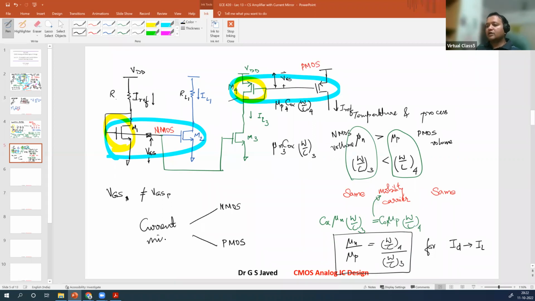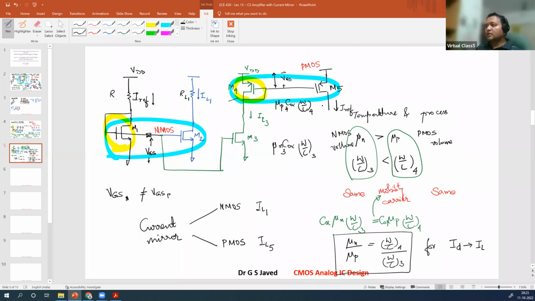The same current of IREF starting from here will now flow in both the NMOS device and the PMOS device. So effectively, the current will be the same. What is the same? IL1 flowing through this NMOS device M2 and the PMOS device here, which will be M5. IL5 will be the same.